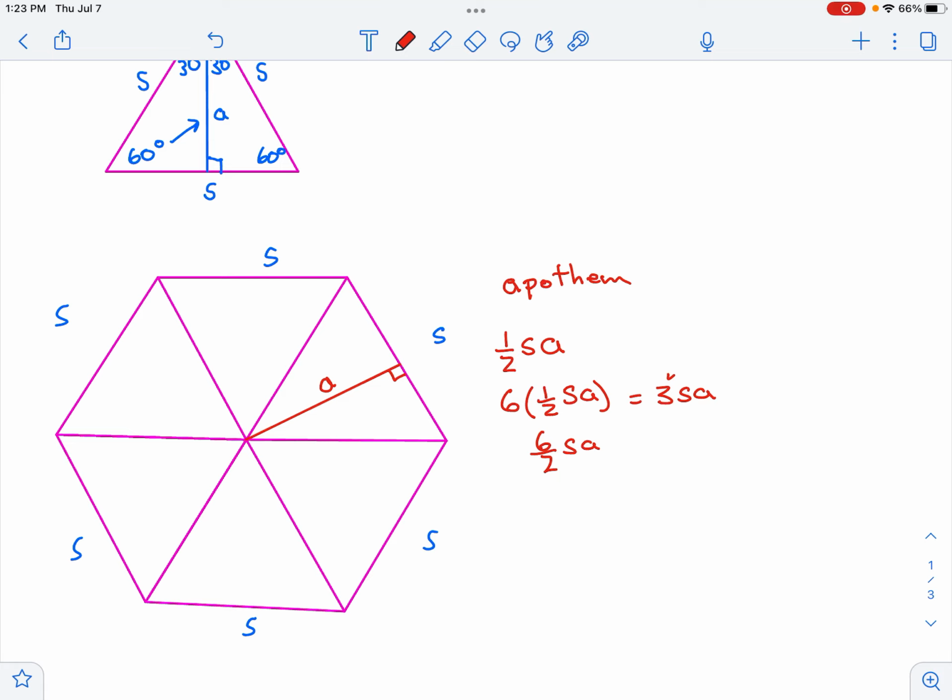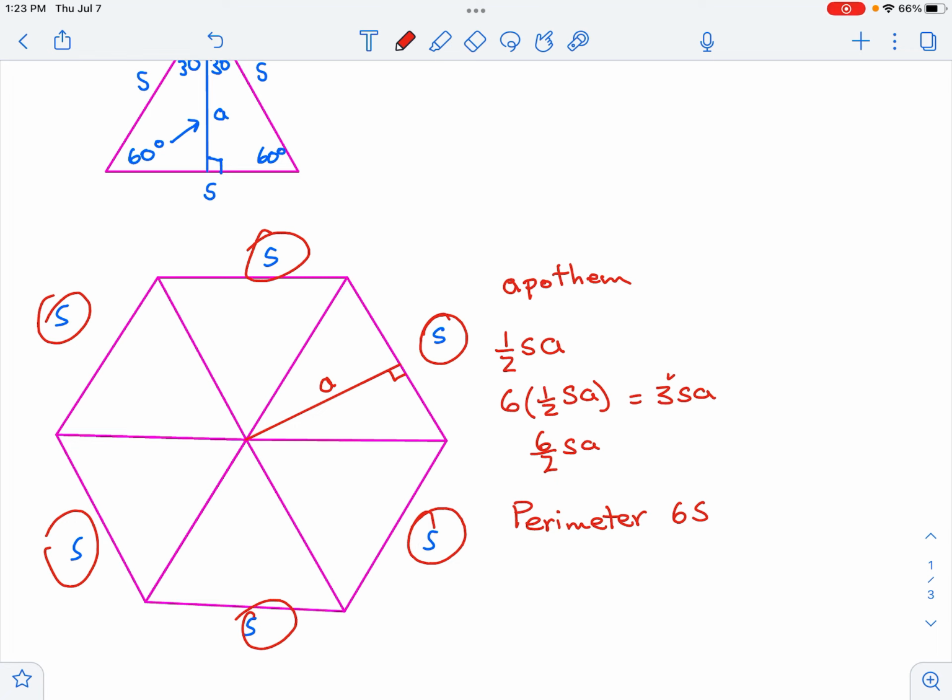Now I want to take note of something here. Notice that the perimeter is 6s. We add these: 1, 2, 3, 4, 5, 6.